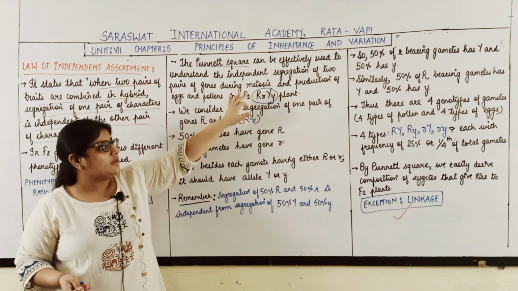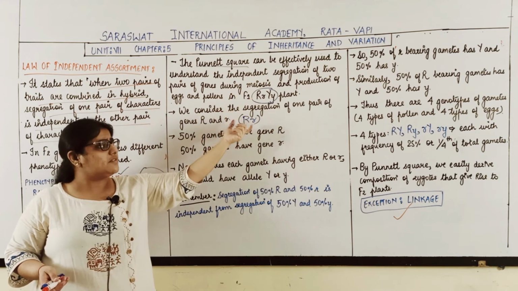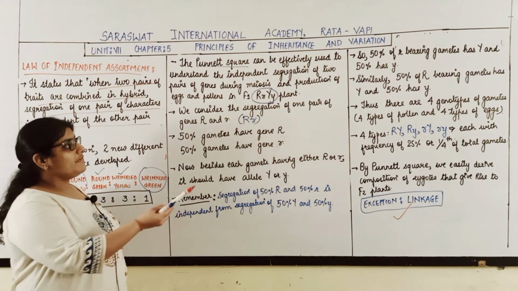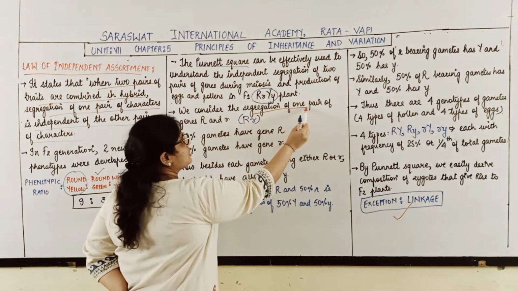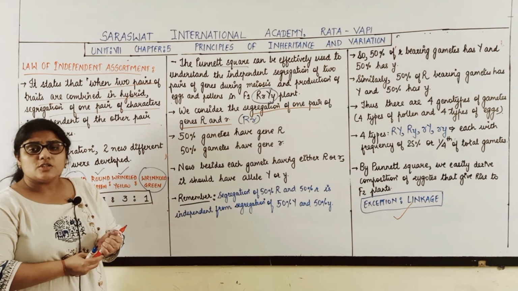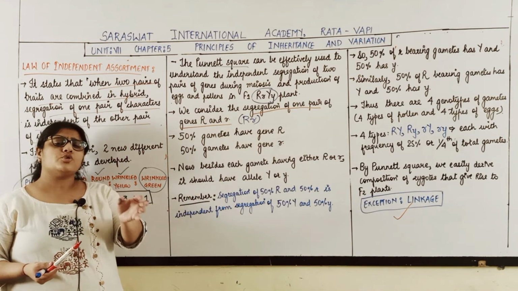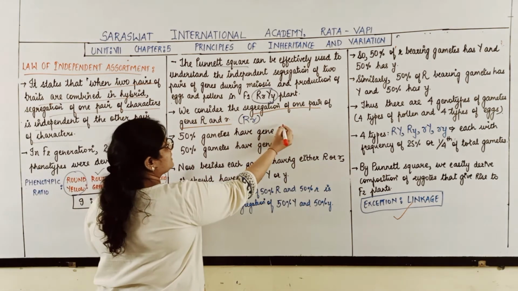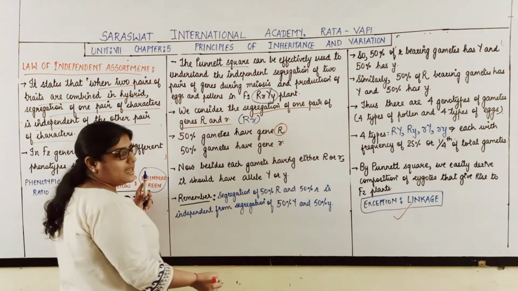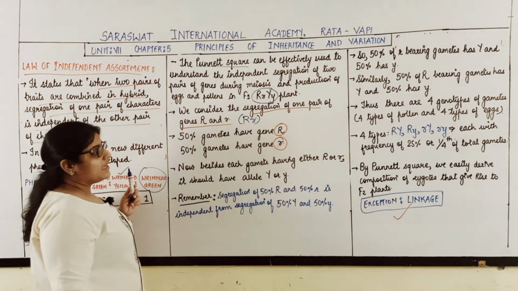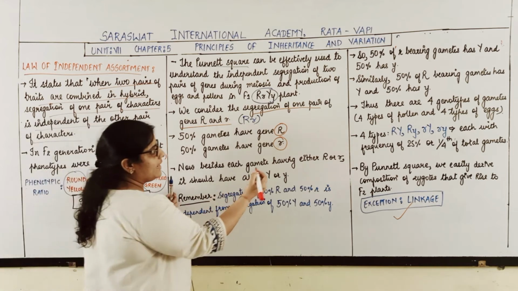According to the law of segregation, we know that 50% of the gametes will have the capital R gene, and 50% of the gametes will have the small r gene.